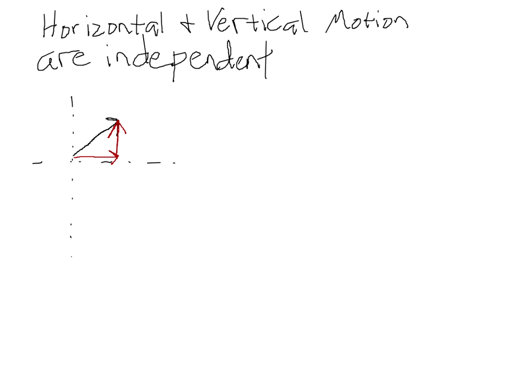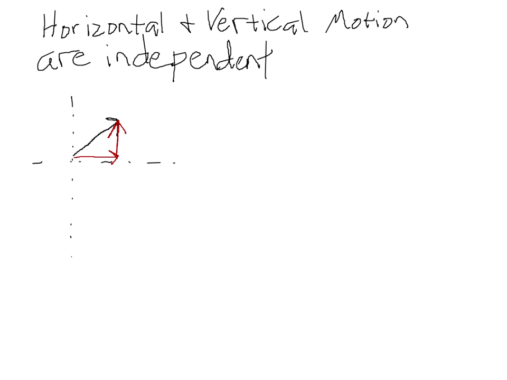In other words, what I've done is I've separated a Chapter 3 problem, a projectile motion problem, into 2 separate Chapter 2 problems. One for the horizontal part of the motion and one for the vertical part of the motion. So let me give you an example of how that works.